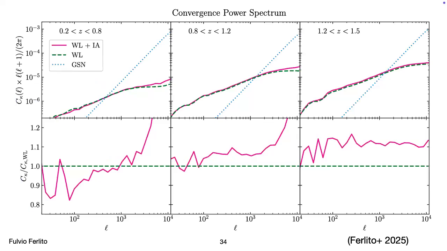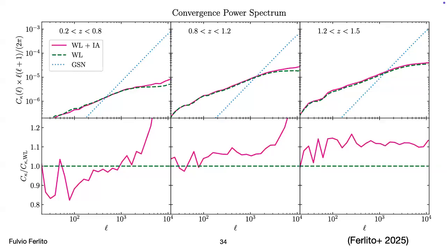Let's just focus on the purple, which is the case with intrinsic alignment, versus the green, where there is no intrinsic alignment. We see that the effect is not only strong, on the order of 10% or more, but it also has a strong qualitative dependence on redshift.